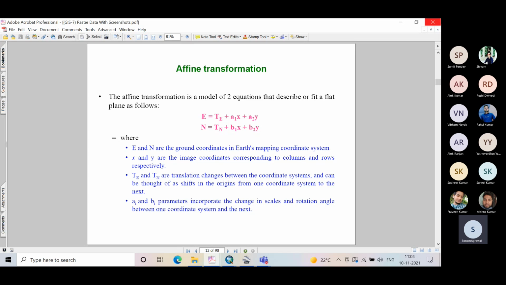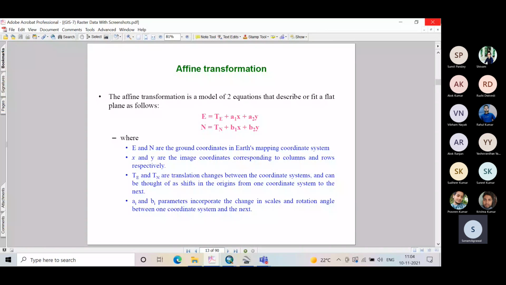As you can see on the screen, this is the affine transformation formula, where easting or longitude is equal to TE plus A1x plus A2y, and northing or latitude is equal to TN plus B1x plus B2y.